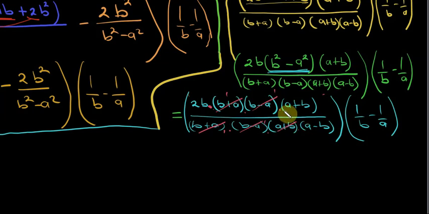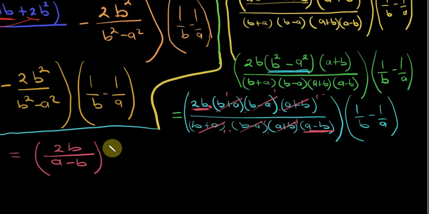A plus b and a plus b cancel out. That leaves me with 2b over a minus b, multiplied by 1 over b minus 1 over a.